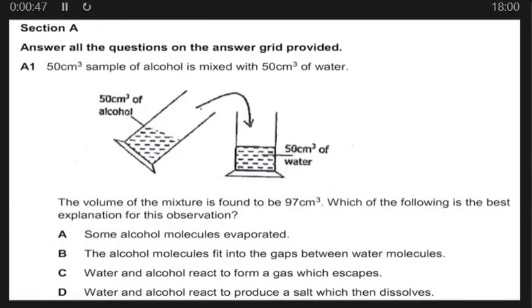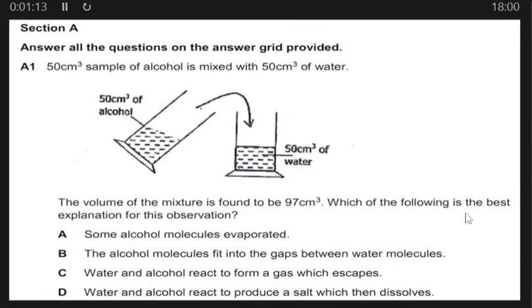All right, so question number 1 says 50 cubic centimeters of a sample of alcohol is mixed with 50 cubic centimeters of water. So here you have 50 cubic centimeters of alcohol being mixed with 50 cubic centimeters of water. They're saying the volume of the mixture is found to be 97 cubic centimeters.